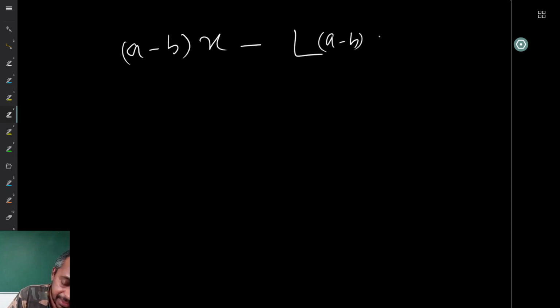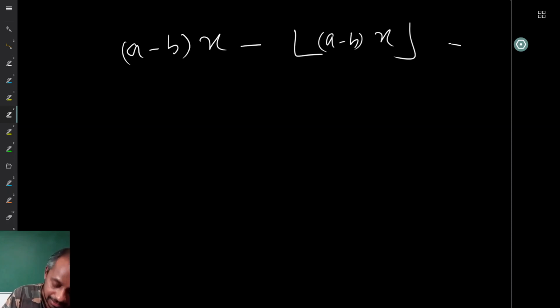So that says that (a minus b) into x minus the integer part of (a minus b) into x, right? That is the fractional part. That difference is in the same interval.